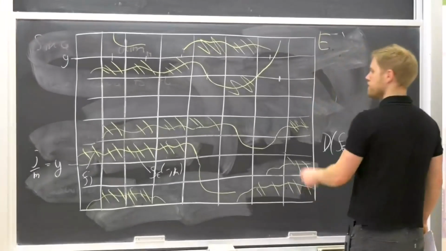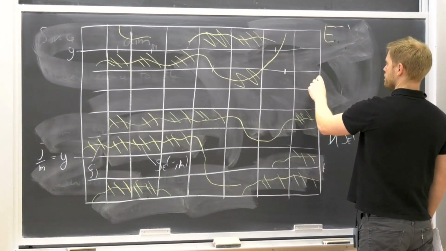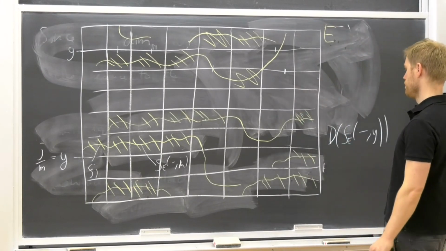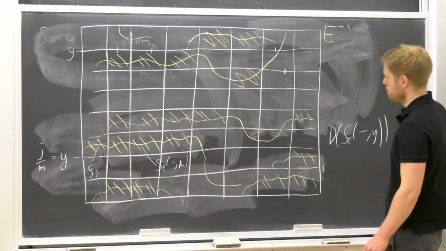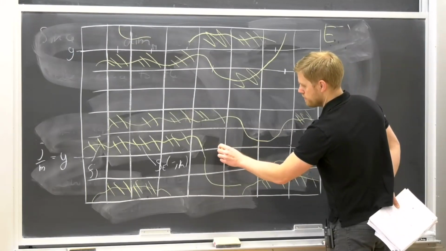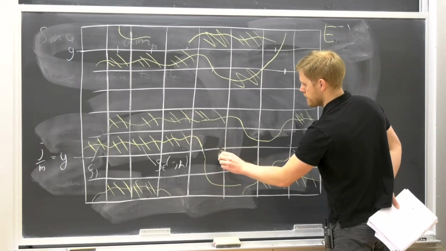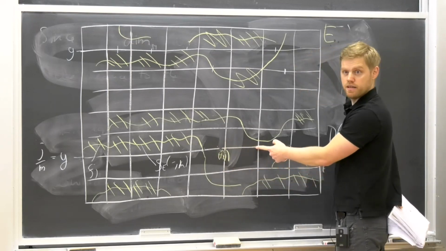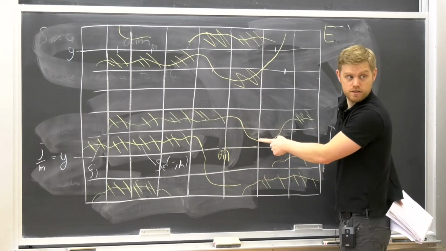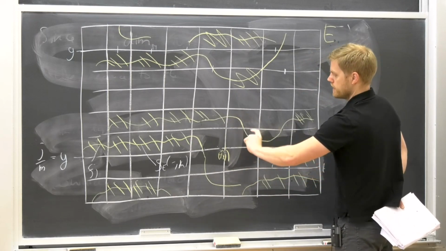Let me draw another wiggly line here. So for example, if you take this j here, and this is ij, then you see over this thing here, this line is continuous, and we have a point in here, but this is not contained in this interval.